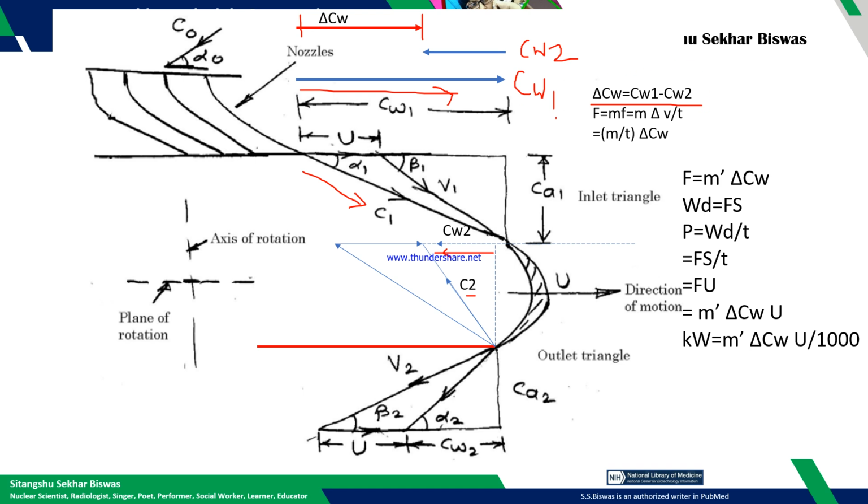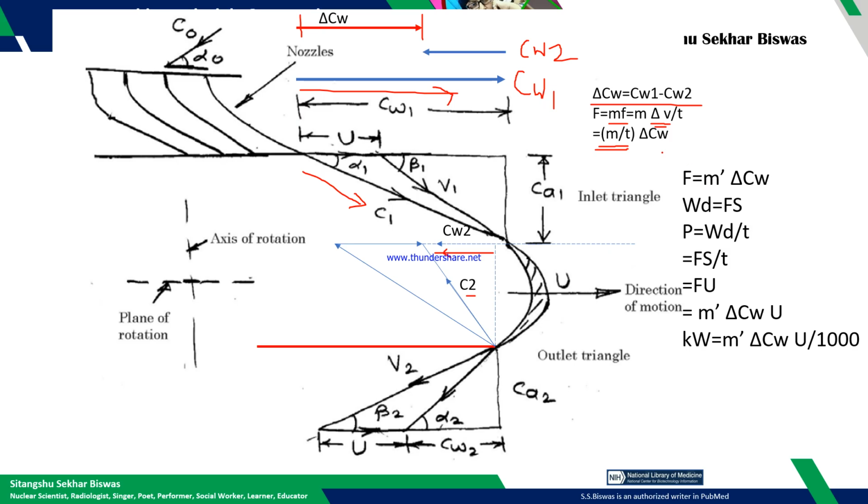We want to find out the change of this velocity or the resultant vectors, because from there only we will find out the force which is acting on the turbine blade. Now from Newton's second law, force is mass into acceleration. The acceleration is change of velocity in unit time. We can write this as m by t, which is the mass flow rate.